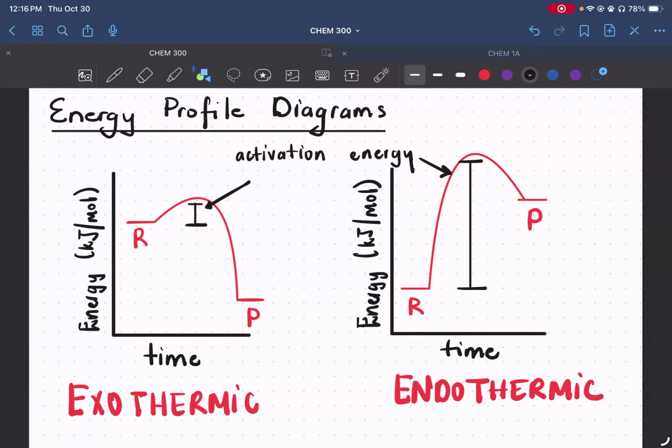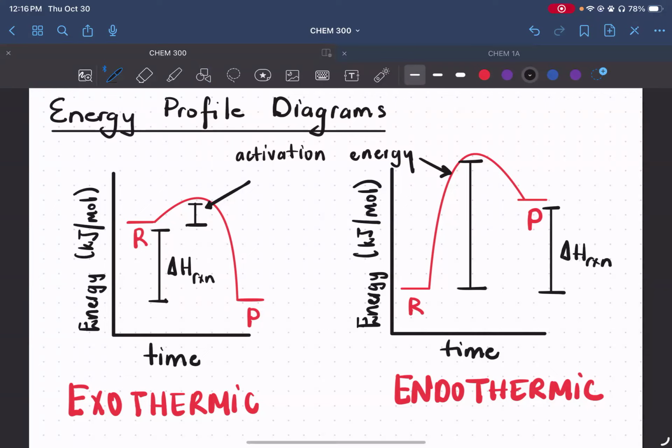The other facets of this graph that we're interested in is the difference in energy between the reactants and the products. But we already know that energy. That's actually just delta H of the reaction.